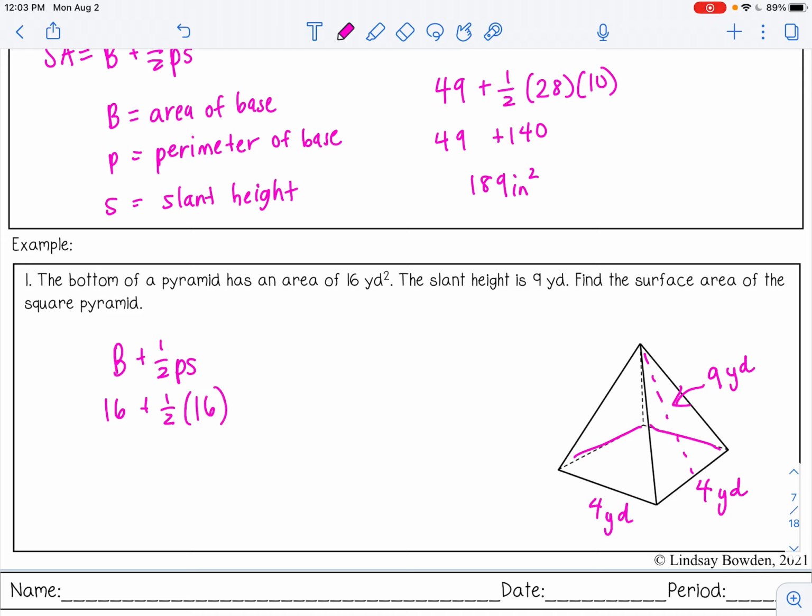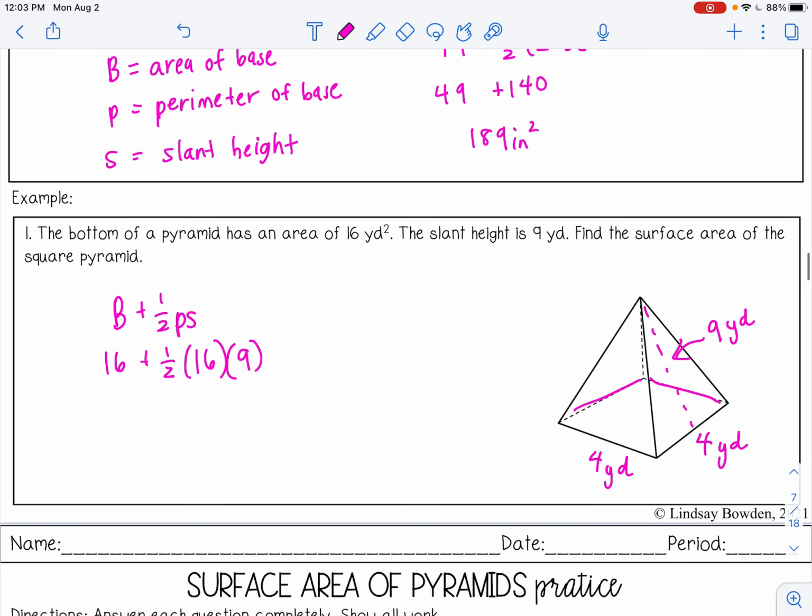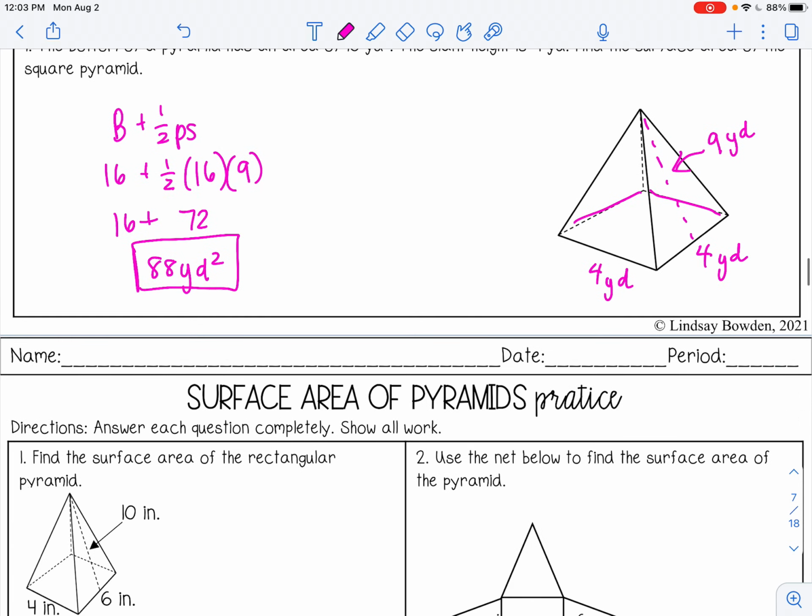And then the slant height is 9. All right. So 16 times 9, that's 144, divided by 2 is 72. Plus 16, that would be 88 yards squared. All right, you can go ahead and stop the video and complete your practice.